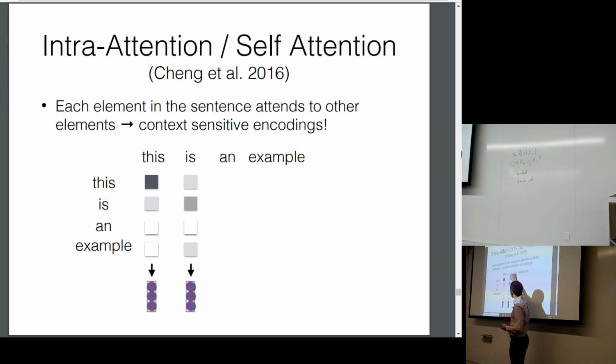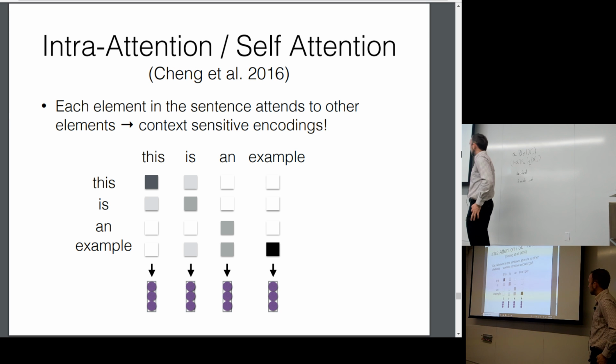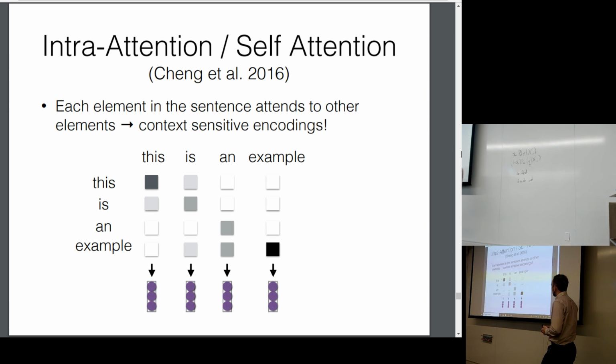So in this case, when you want to calculate the representation of is, of course you'll want some of is itself, but you'll also want the two other things, the subject and the object of is, which would help you disambiguate what sense you would need in the target language. Then, other stuff like this. So just to summarize, this is your query vector. This is your key and value vectors. And then based on this, you calculate the representation of this.